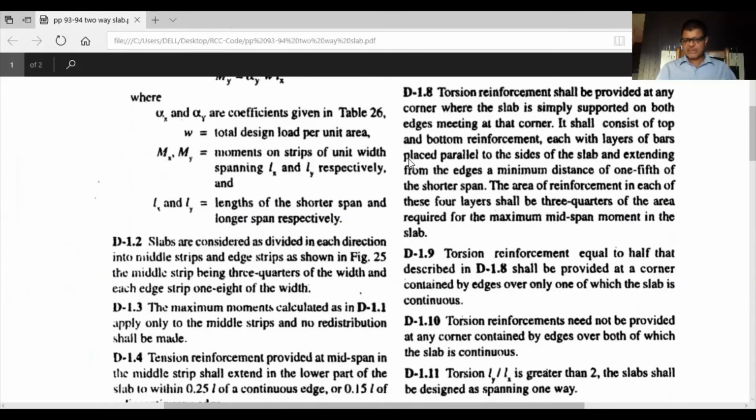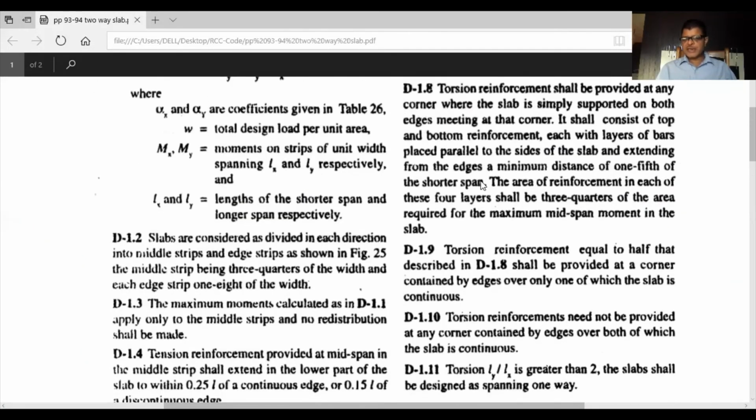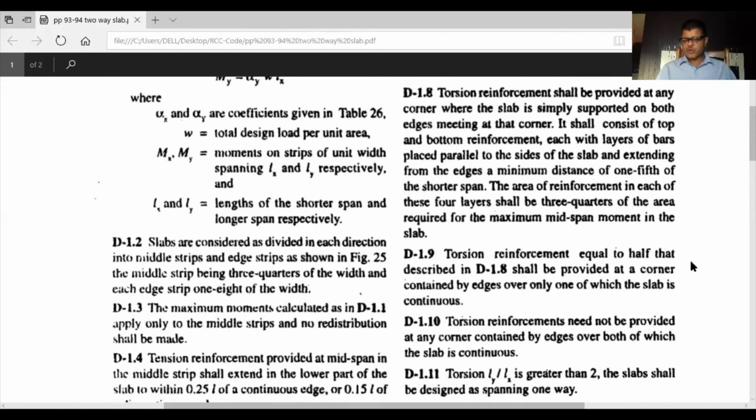So the next clause is: torsion reinforcement equal to half that described in 1.8 shall be provided at a corner contained by edges over only one of which the slab is continuous. So half of this will be given if one edge is continuous, one edge discontinuous. That is also possible. Like we have seen, one short edge discontinuous, one long edge discontinuous.